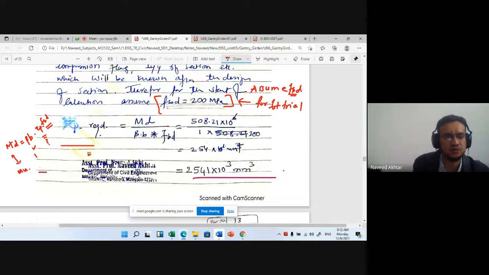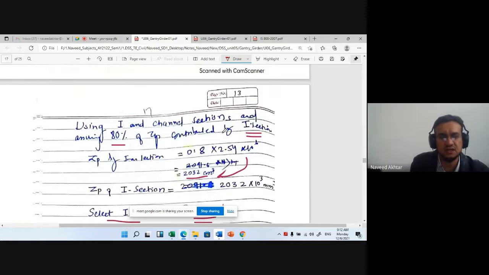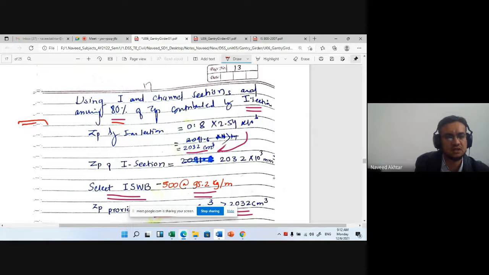So we'll put these values and you can find out the ZP required, using the I section and channel section. Generally for our gantry girder, we are taking the I section and the inverted channel section.